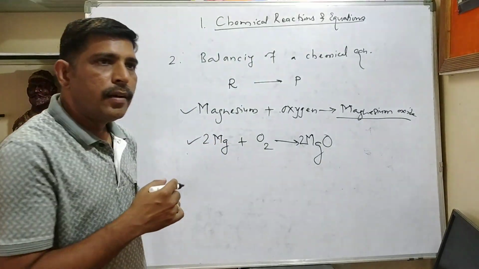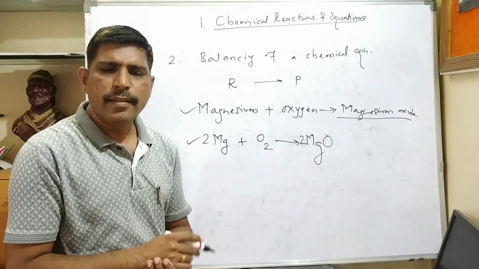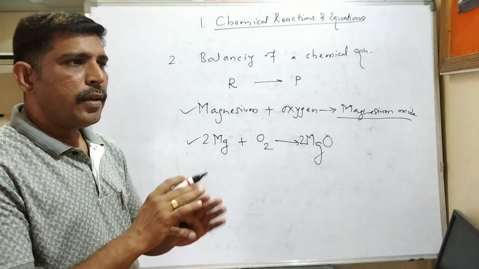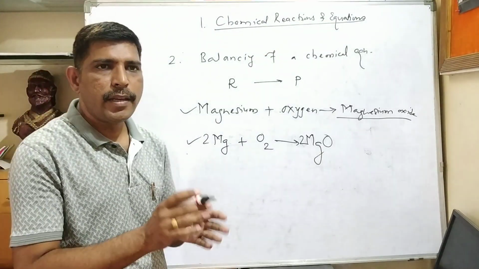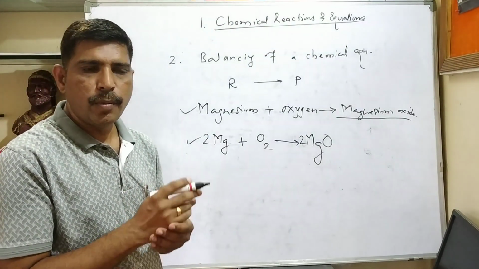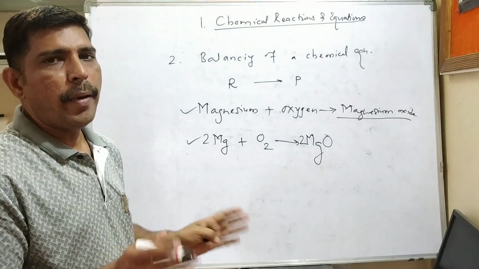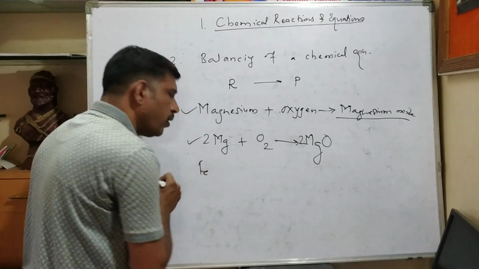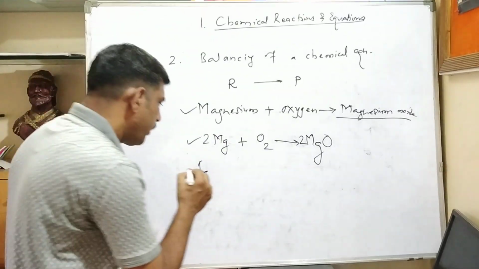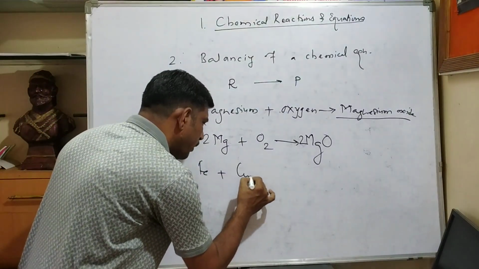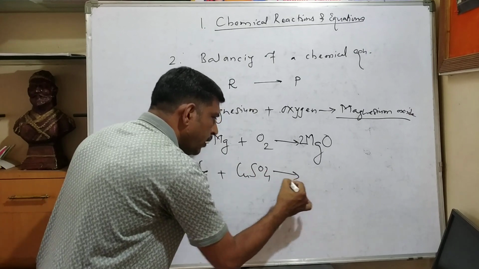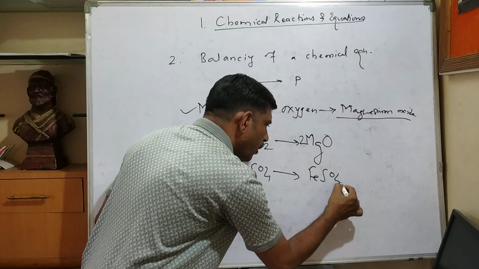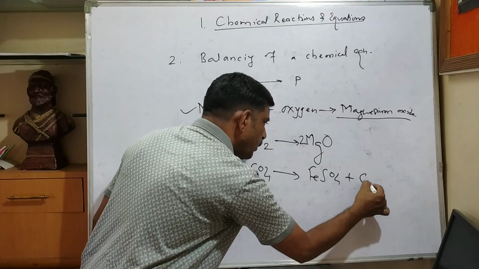For example, so many times the chemical equation is already balanced. If all the reactants and products have equal numbers of atoms on both sides, then there is no need to balance. For example, suppose we take the reaction between iron and copper sulfate, then we will get FeSO4 plus Cu.